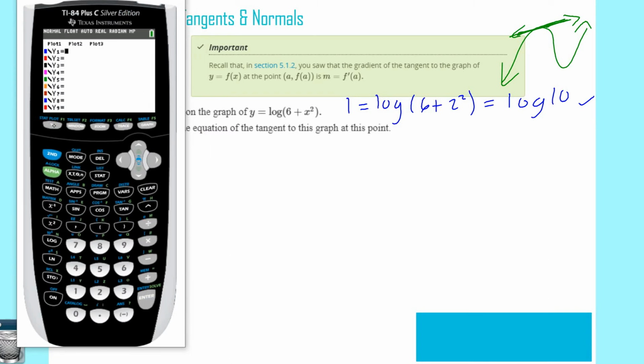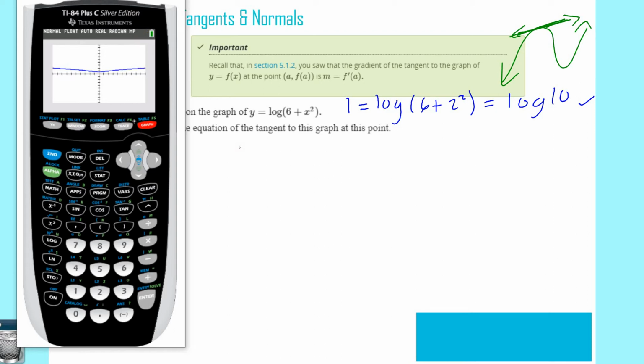I'm going to my stat plots, my y equals, and I'm going to put in my equation. So log of 6 plus x squared, and then I can graph it. Give it a minute.